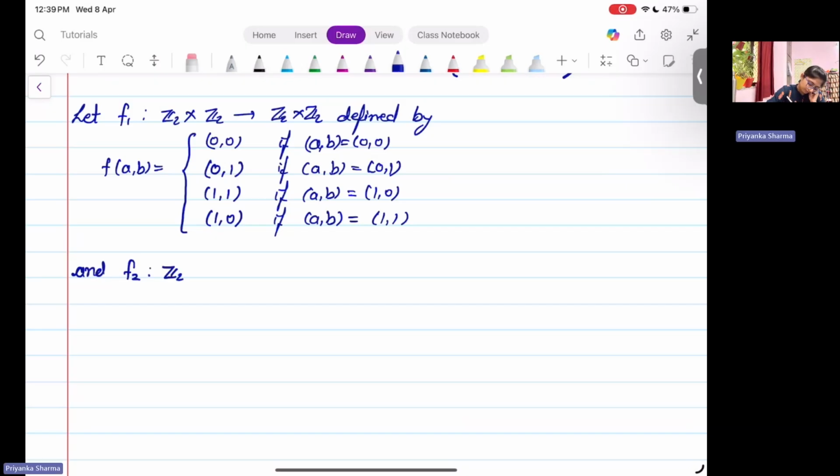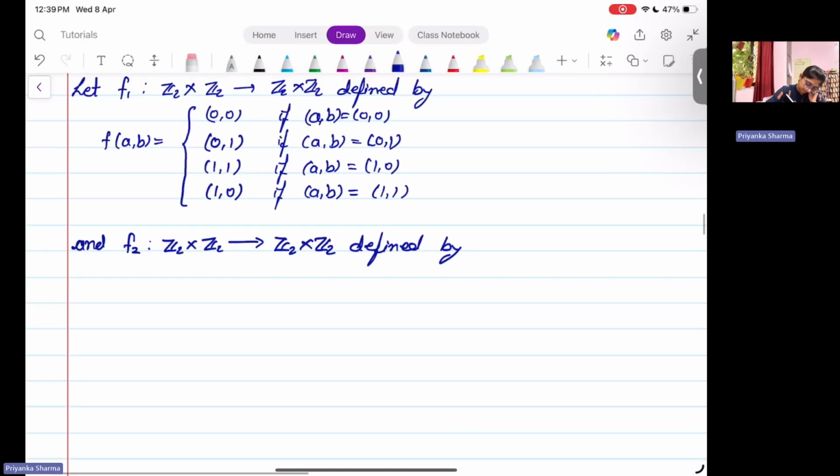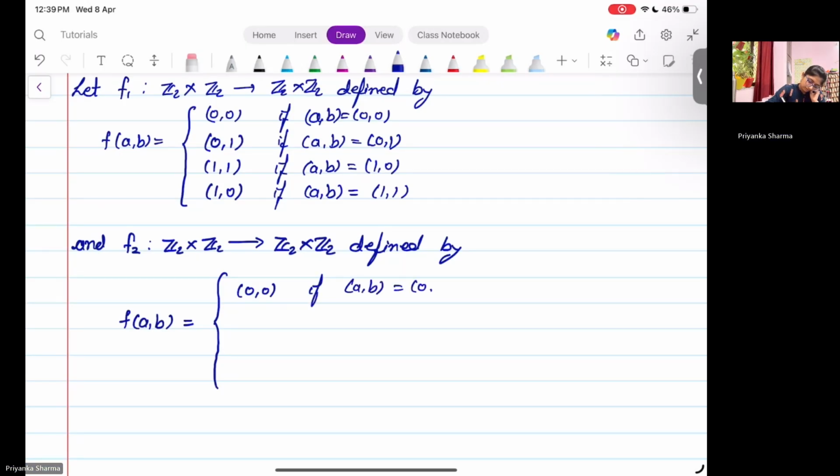And F2 from Z2 cross Z2 to Z2 cross Z2 defined by, we need another non-identity automorphism here. So the first element must be fixed, that is 0, 0.